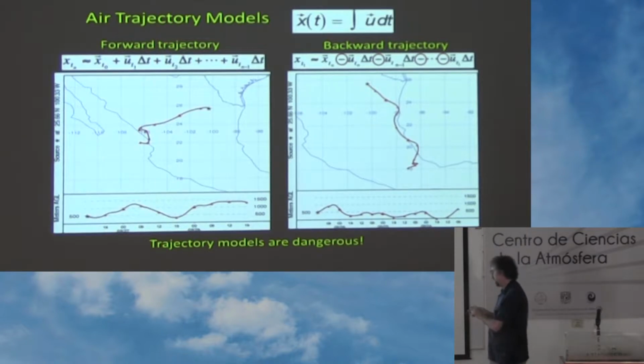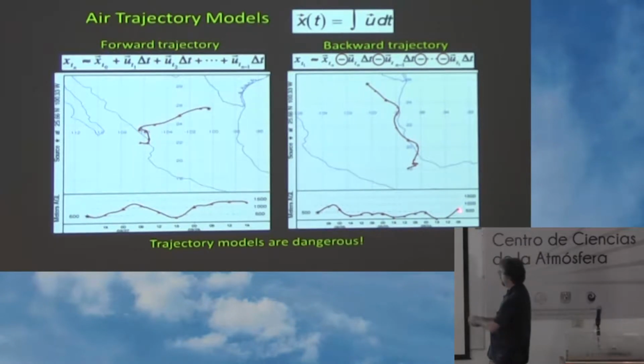So here is a back trajectory for Monterrey, and it shows that on this particular day, the air that was sampled, or the air that existed in Monterrey, came in this direction along that path. And this is again the vertical component. So this horizontal coordinate here in southern Mexico corresponds to this point.